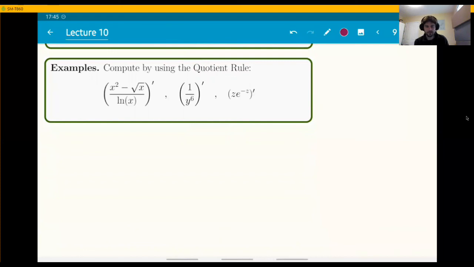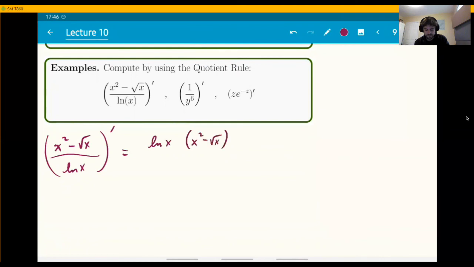So yeah, those are 3 fractions. Let's go ahead with the first one: x squared minus root x over ln x. Well, I'm gonna just write low d high. So d high is the derivative of the numerator, which is x squared minus root x.